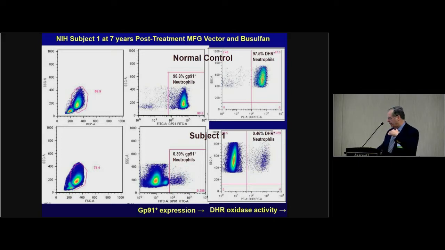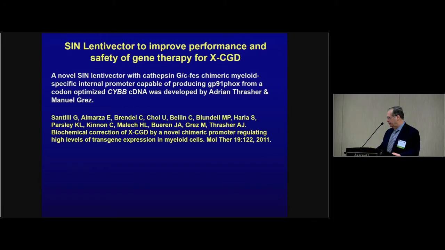But the vector itself probably wasn't up to the task. You can see that even at 7 years in this patient, he was still about 0.5% oxidase positive and GP91 positive cells. Now these patients, that was not a fix of CGD, and eventually these patients were transplanted.